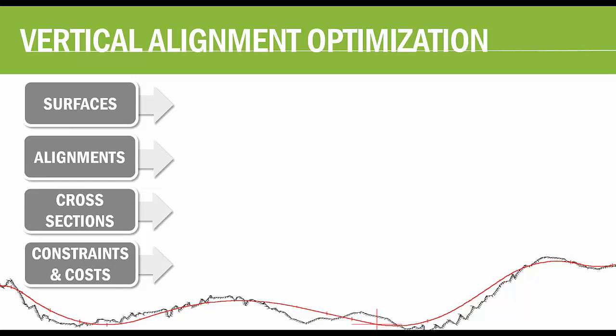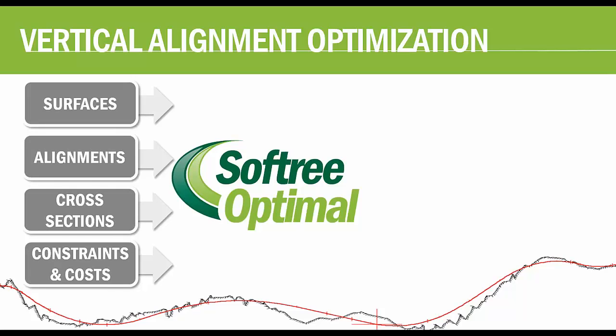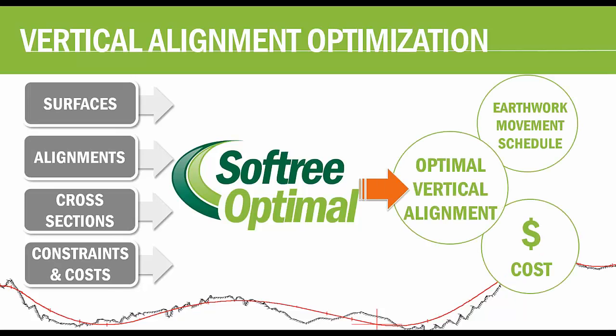This optimal solution is determined based on the original ground surface, the existing horizontal alignment, and the cross-sectional data taken from a Civil 3D design, as well as the design parameters, constraints, and unit costs entered by the user into Softtree Optimal. So the result is an optimal vertical alignment, a detailed schedule of earthwork movement, and also a breakdown of your subgrade construction costs.